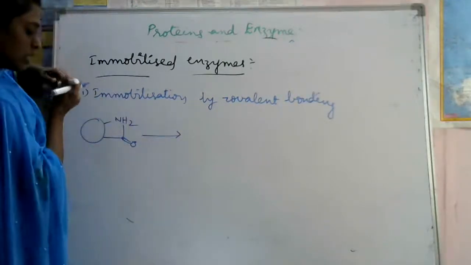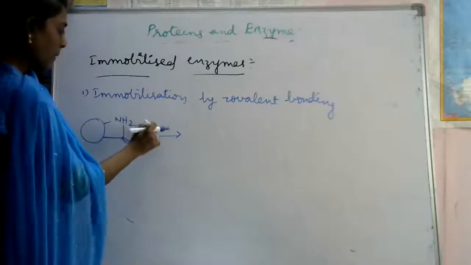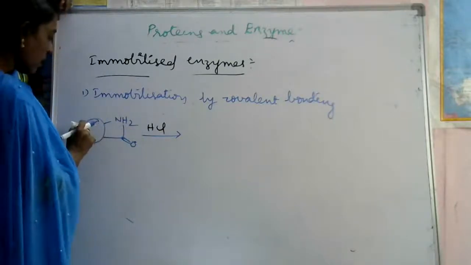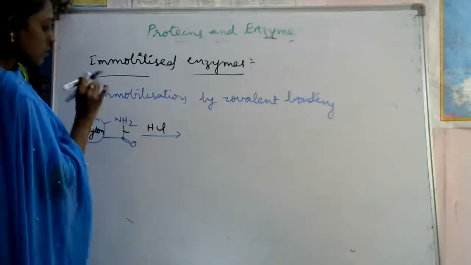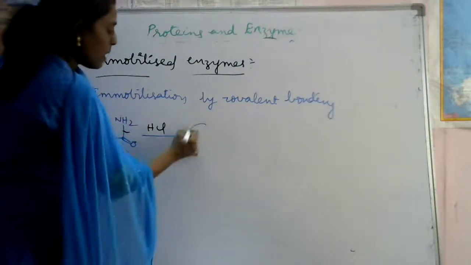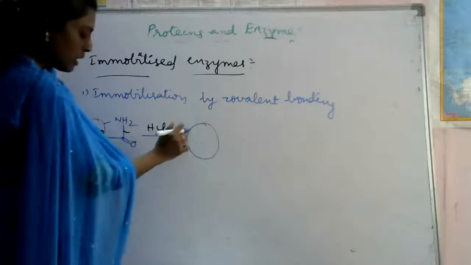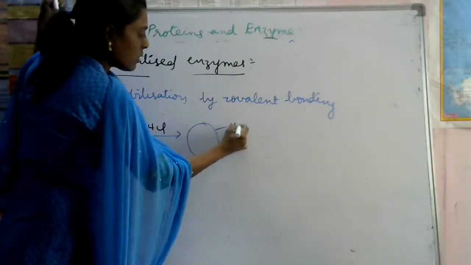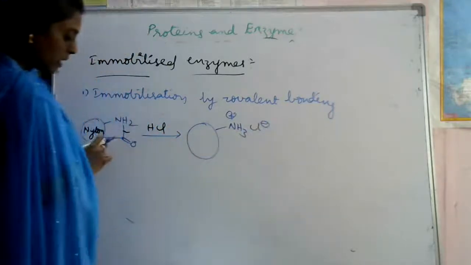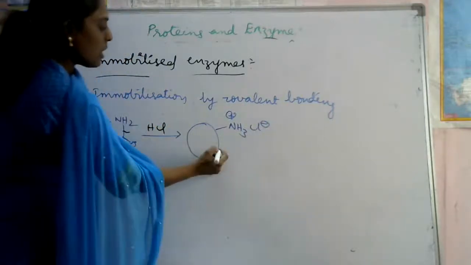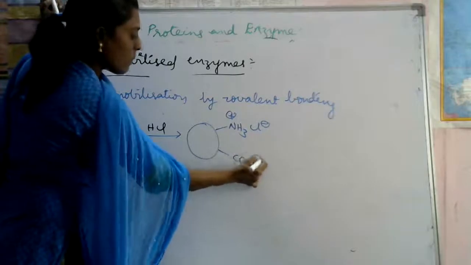When it reacts with HCl, the bond breaks and forms NH3 plus Cl minus and COO minus.